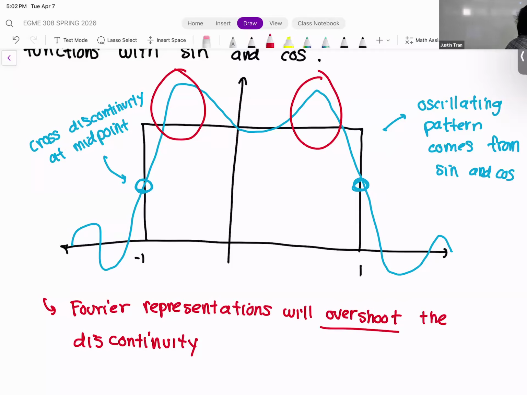All right, and that's not a coincidence, and that is something that you see basically all the time. The first person to notice this was some guy named Gibb. Actually I don't even know his first name, just his last name is Gibb. Of course he named it after himself, just like every narcissistic mathematician in history. So this phenomenon of taking a function with a discontinuity, representing it with the Fourier, and having these overshoots, we call the Gibbs phenomenon.